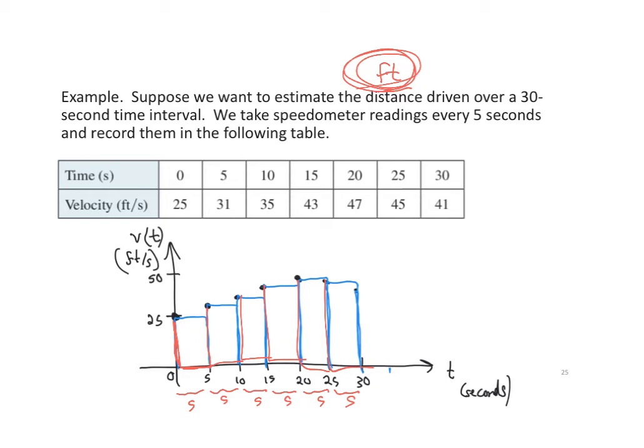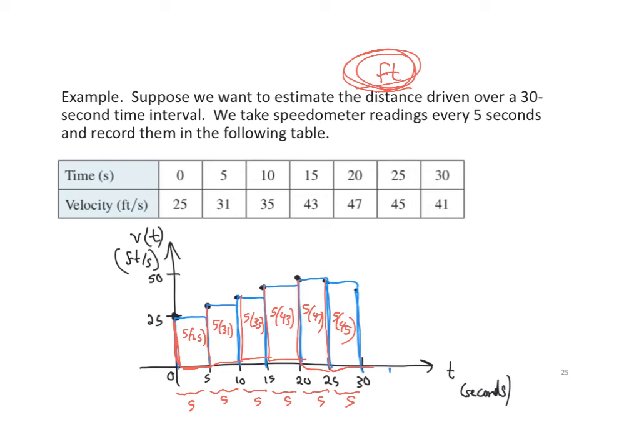So we get 5 times 25 plus 5 times 31 plus 5 times 35 plus 5 times 43 plus 5 times 47 plus 5 times 45. And then what do we do with that last rectangle?